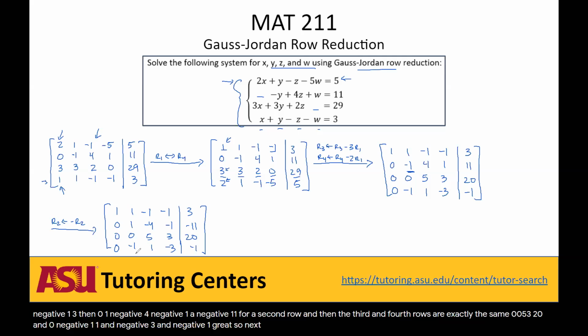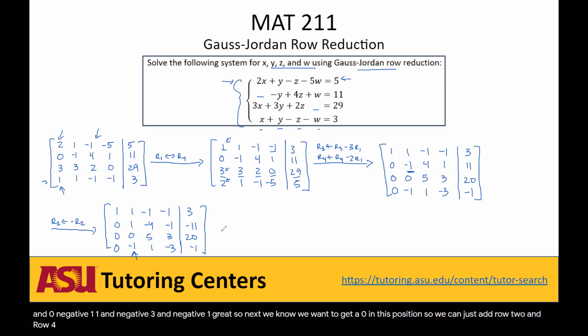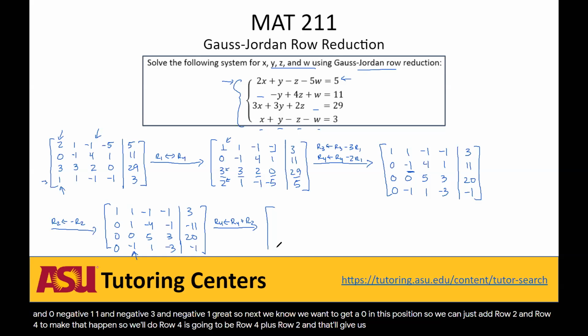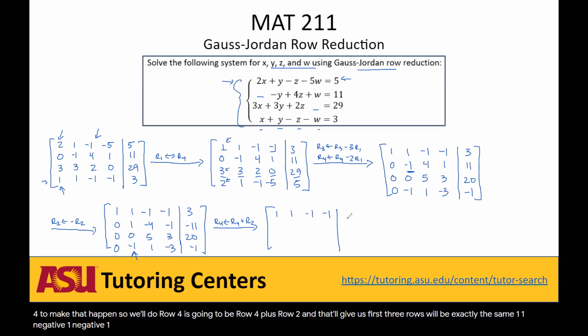So next, we know we want to get a 0 in this position, so we can just add row 2 and row 4 to make that happen. So row 4 is going to be row 4 plus row 2. And that'll give us, first 3 rows will be exactly the same: 1, 1, negative 1, negative 1, 3, 0, 1, negative 4, negative 1, negative 11, 0, 0, 5, 3, and 20.